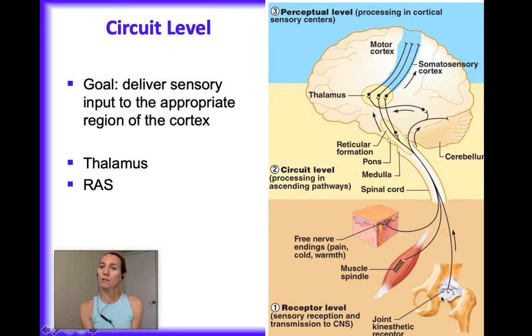You notice here in this graphic that some information, as it's routed up to the circuit level, is communicated to the cerebellum. And so because this information isn't going to the cortex, we're not actually going to be consciously aware of it. That's not to say that it's not going to be important information that our brain will still interpret. It's just not being consciously perceived by our cortex.